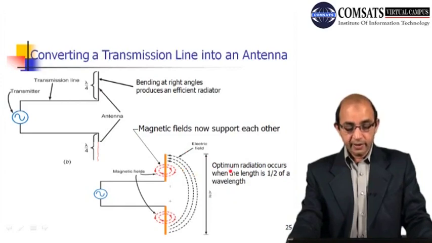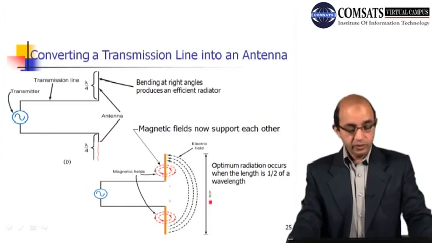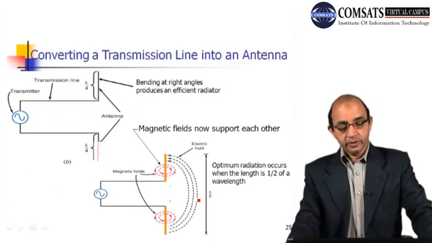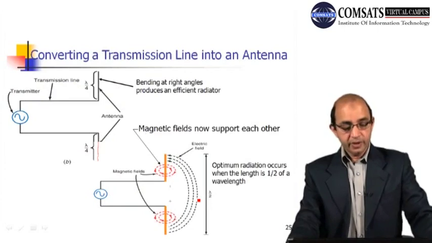The optimum radiation occurs when the length is 1 by 2 of the wavelength. So the total length, when we talk about the coupling of the electric and magnetic field, is equal to lambda by 2. So here, how is this happening?